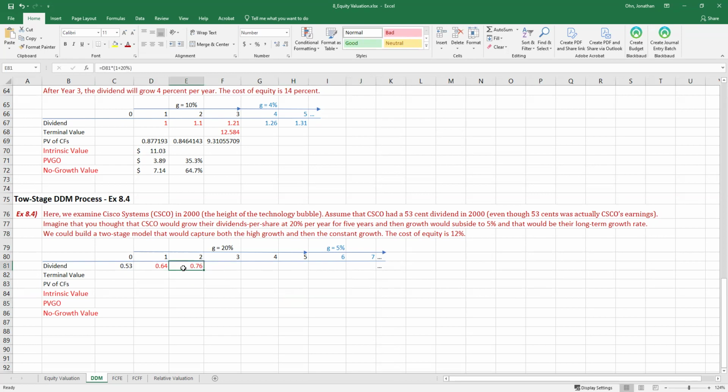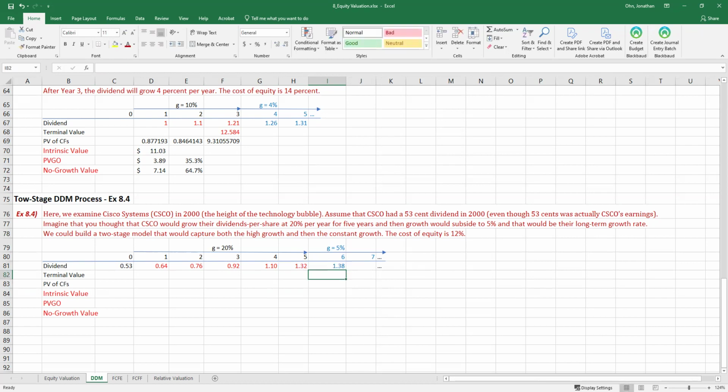Because this will repeat for the 5 years, let's just copy and paste for the first 5 years. So in year 5, it will end up at $1.32. After that, it will be stabilized at 5%. So after that, you start with the $1.32 times, this time, growing at 5%. See, 5%.